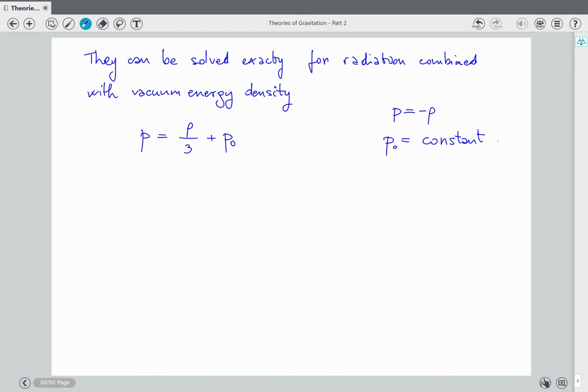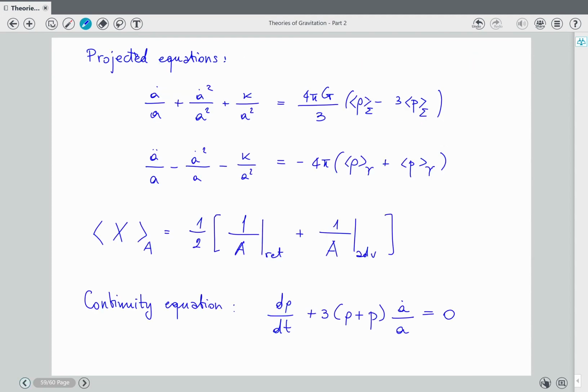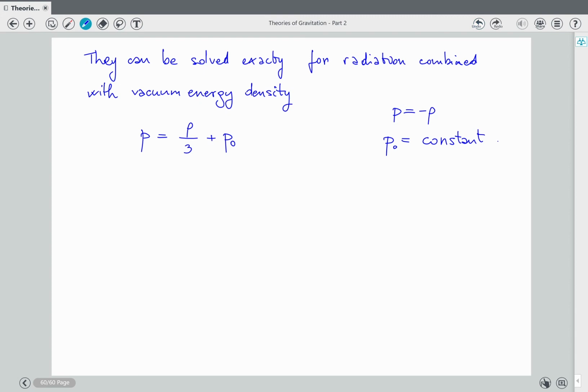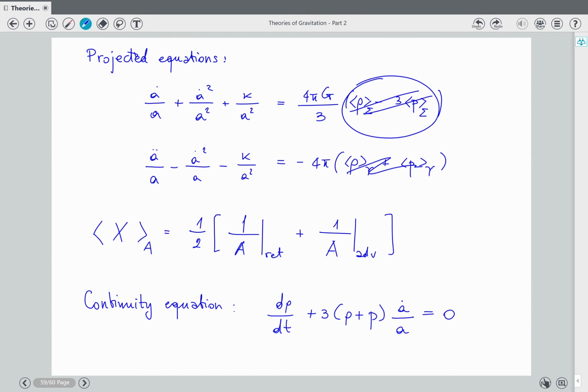But then it implies that this is constant. These two cases are the only ones you can solve exactly because they are the ones that make one right-hand side vanish. If rho is equal to 3p, this vanishes. If rho is equal to minus p, this vanishes. So that's why you can have an exact solution.